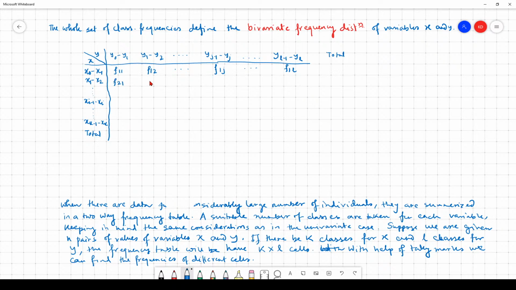Similarly f21, f22, f2j, f2L, then fi1, fi2, fij, fiL, and lastly fk1, fk2, fkj, fkL.